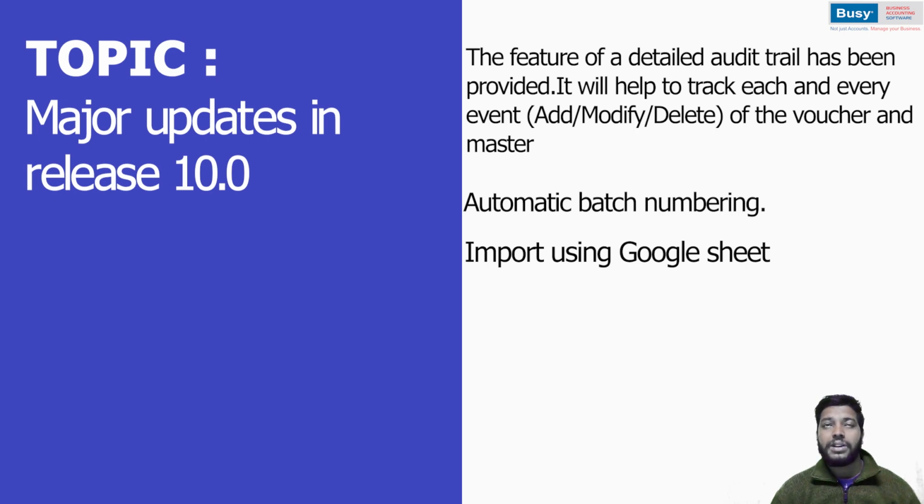Detailed information was not there, so it has been implemented in this release. So let's start and see all these things practically, what changes have been made and how they are going to affect the working process.